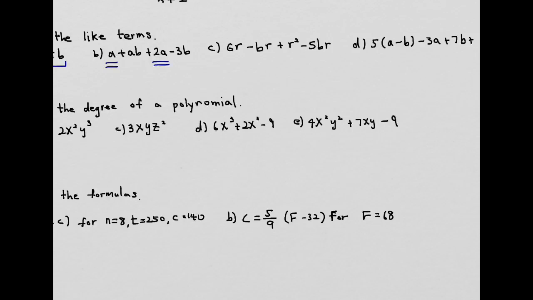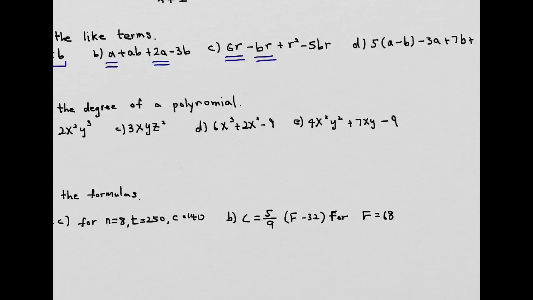So C, in this problem, you have 6r minus br. So this looks like they're like terms, right? Because you have r. And plus r squared, that's not going to be a like term because the other two are just r.